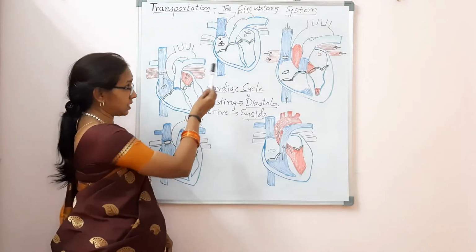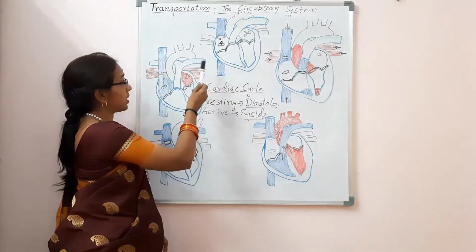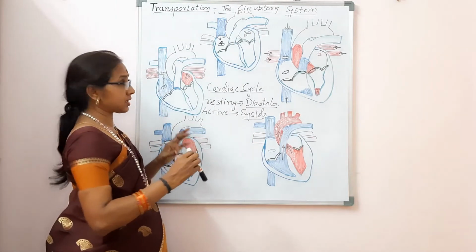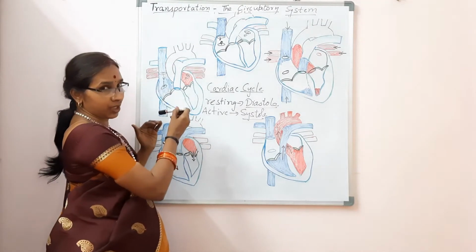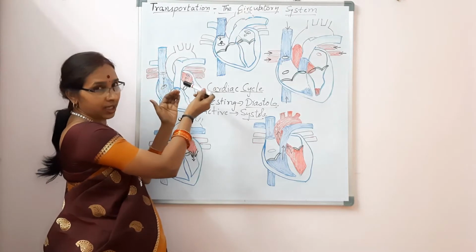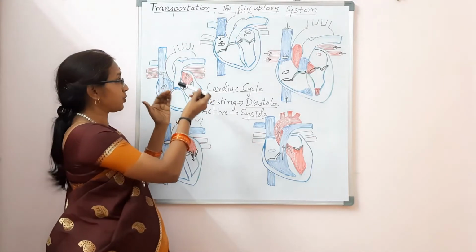Simultaneously, the pulmonary veins from the lungs bring the oxygenated blood into the left atria. So you can see here, both the atria are getting filled simultaneously. The right atria is getting filled with the impure, deoxygenated blood, and the left atria is getting filled with oxygenated blood, that is the pure blood.